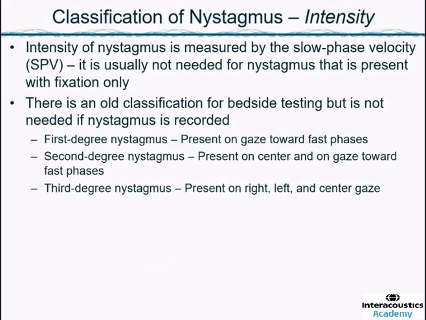The reason that the slow phase velocity is the most important feature of nystagmus as far as the intensity is concerned is because it directly relates to how fast the patient thinks their head is moving. So for example, in a caloric test, if the peak nystagmus is about 30-40 degrees during that phase of the caloric test, the patient feels like their head is moving 30 or 40 degrees per second.